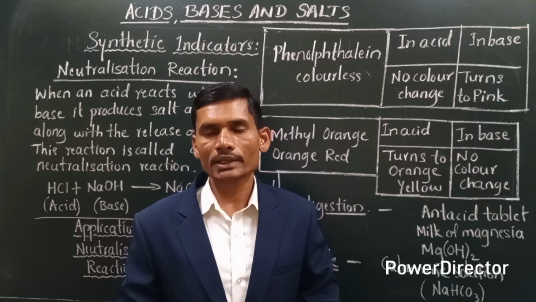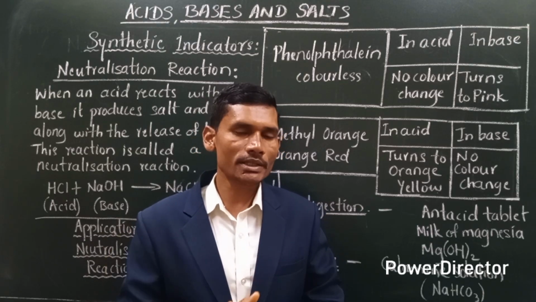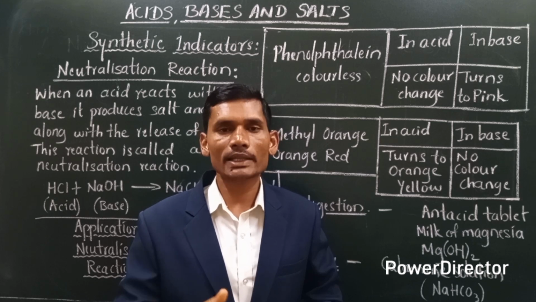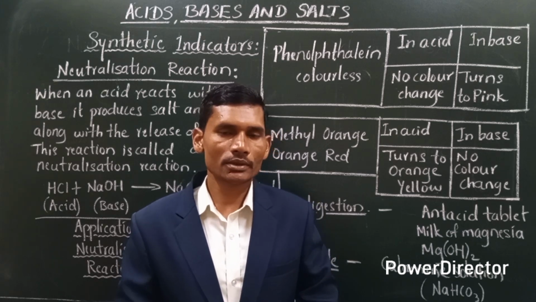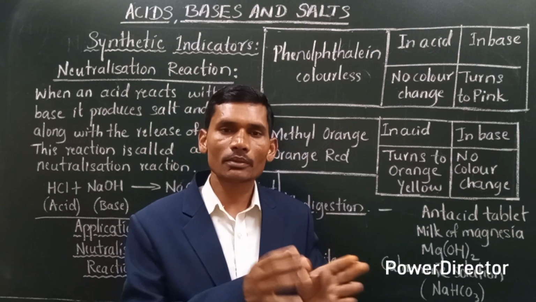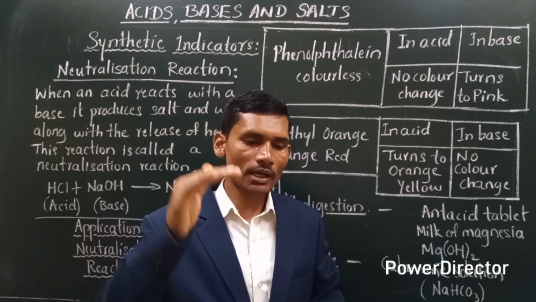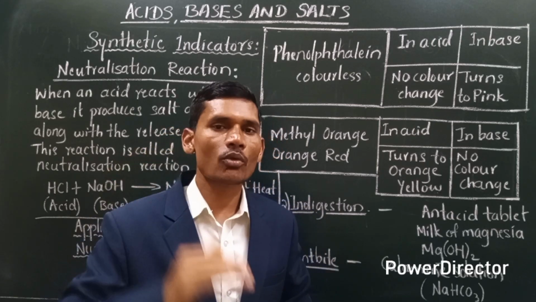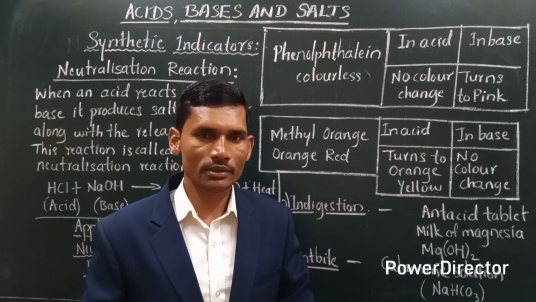So in order to avoid this, the wastewater coming out of factories has to be treated well before it is released into water bodies. If it is acidic, they treat it with a base. After treating, it is released so that the acidic property of the water is nullified. Remember that.